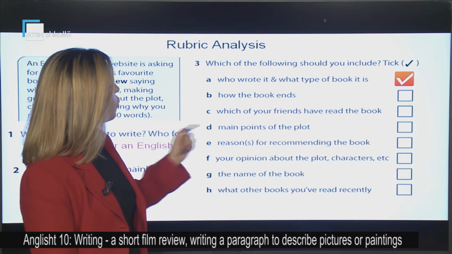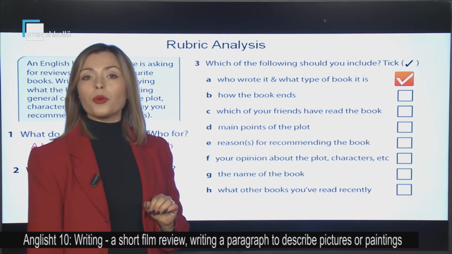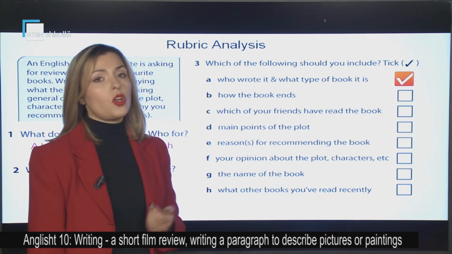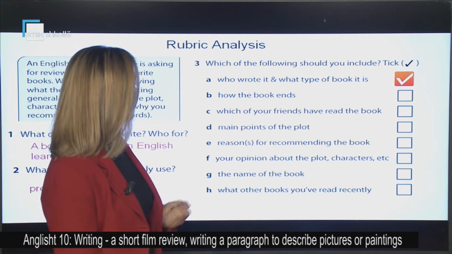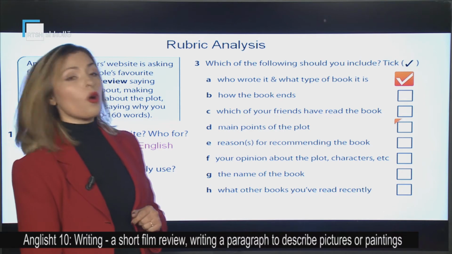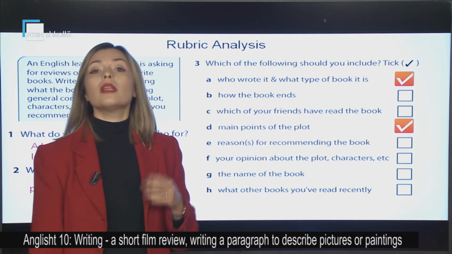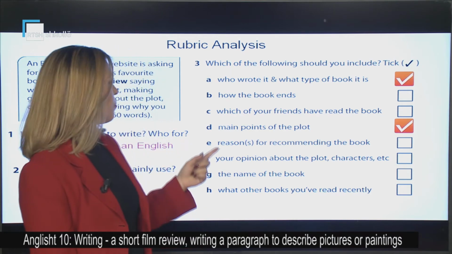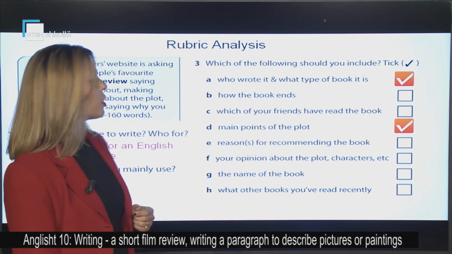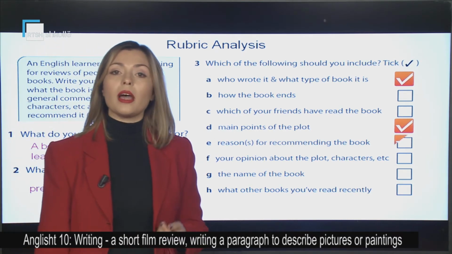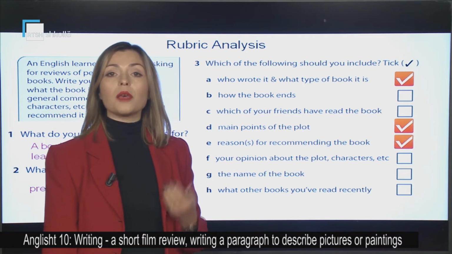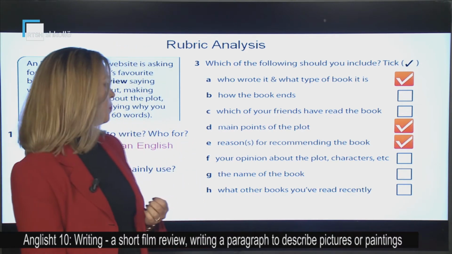Okay, which of your friends have read the book? Should we write it? No, absolutely not. The main points of the plot, of course, we're going to give what happened mainly in the book. The reasons for recommending the book. So why I am recommending this book.